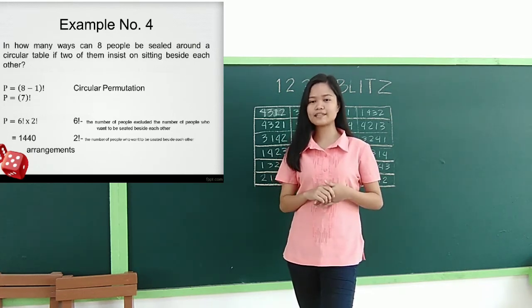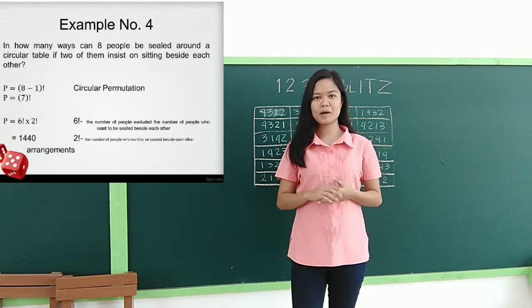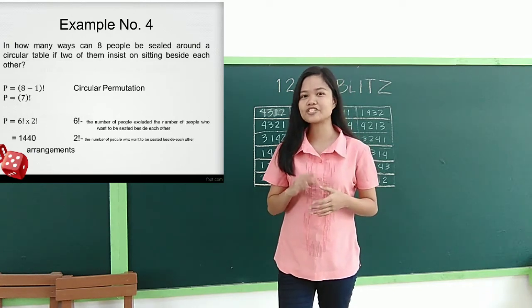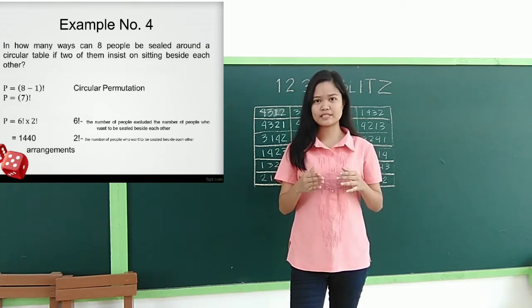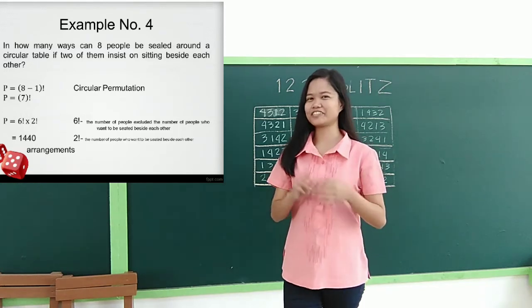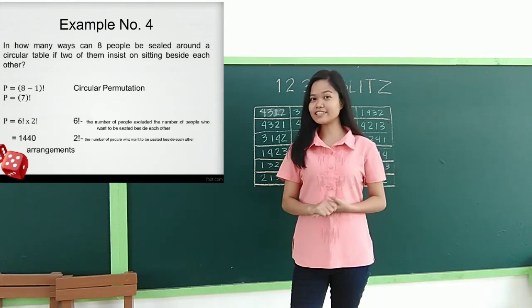We obtain the product 1440 arrangements. In this problem, there is a restriction where they are sitting beside each other. How to solve this? Yes, Ms. Pabo. Very well said. You're right. Do you understand? Are we clear?